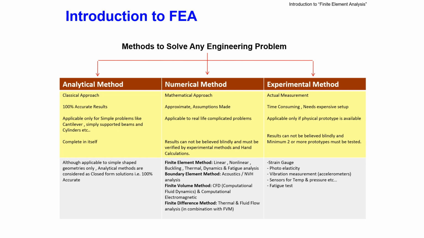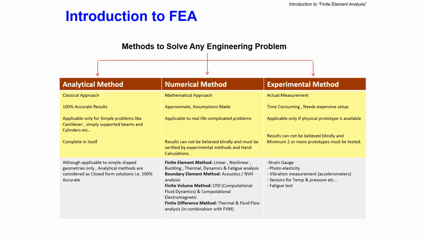Commonly, there are three methods to solve engineering problems: analytical method, experimental method, and numerical method. Analytical method is the classical method. When we solve a problem using formulas like F is equal to ma, v is equal to root 2gh, that kind of approach is known as analytical method.